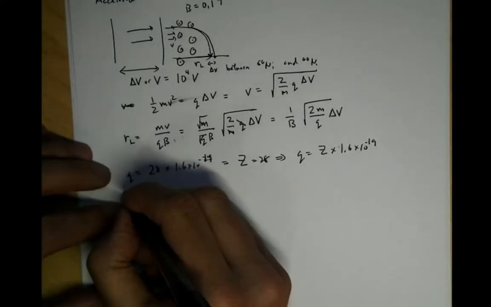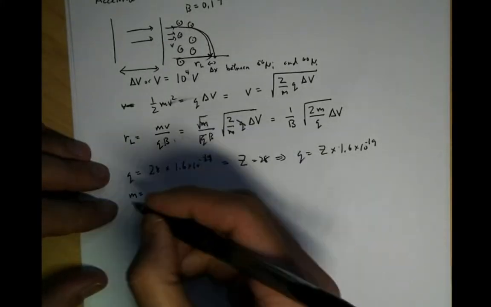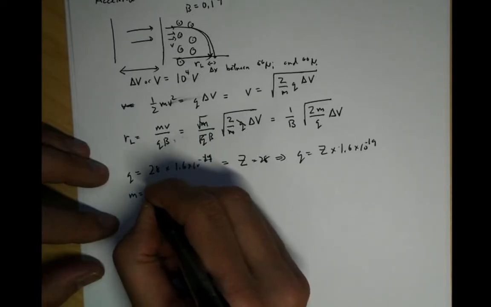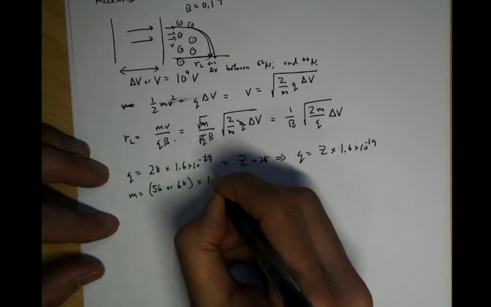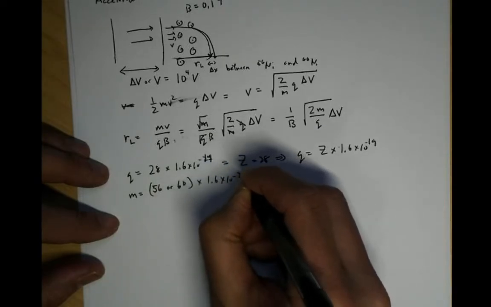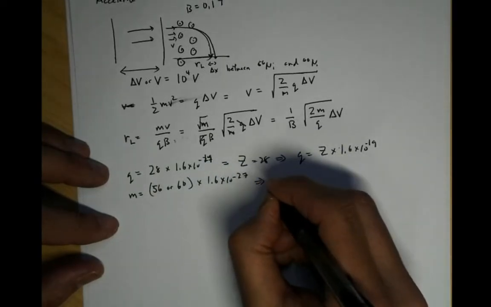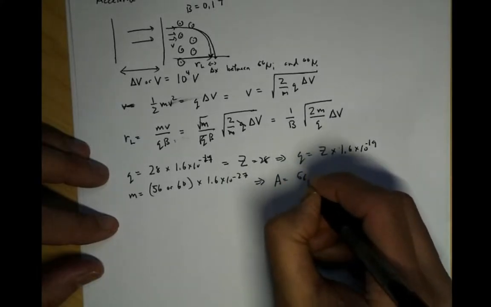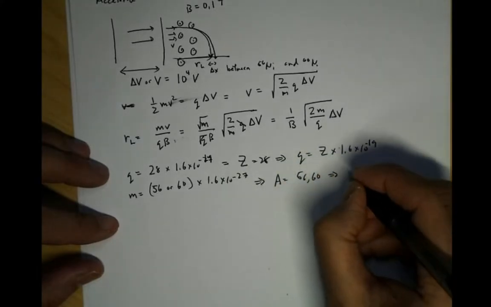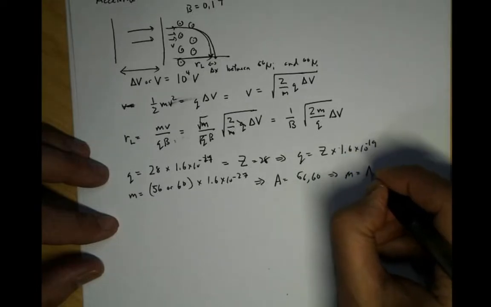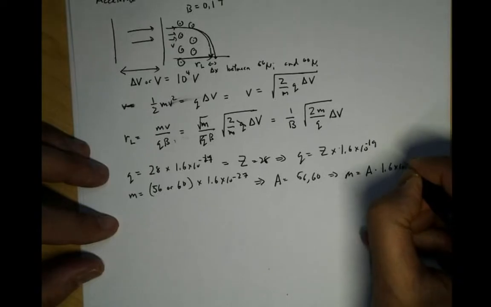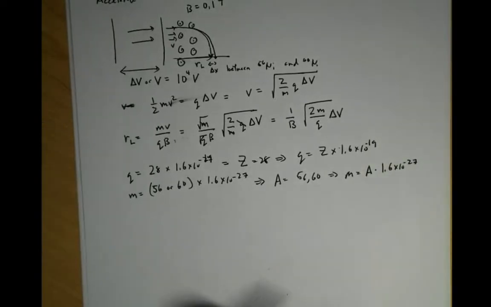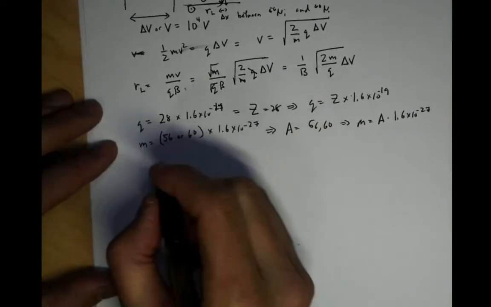And similarly for the mass, this should be either 56 or 60 times 1.6 times 10 to the minus 27. I'm going to call this A, equal to 56 or 60, which gives me m equal to A times 1.6 times 10 to the minus 27 again. Okay, let's plug everything in now.